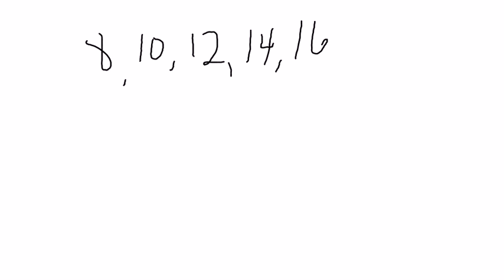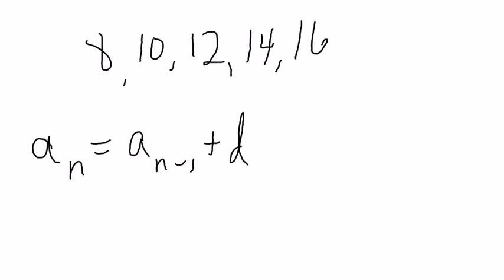So the recursive formula is a sub n equals a sub n minus 1 plus the common difference. So in this case, what's our common difference? It's just plus 2.